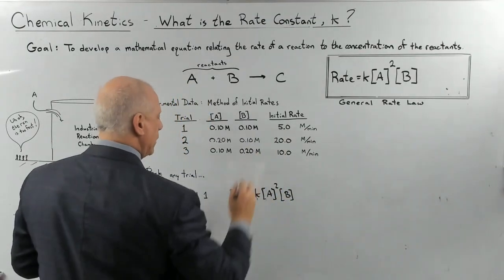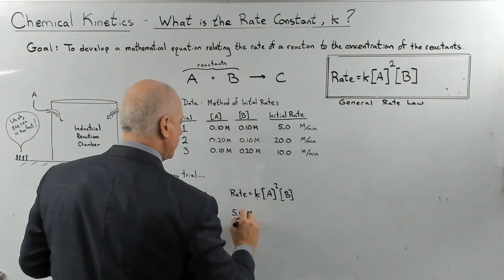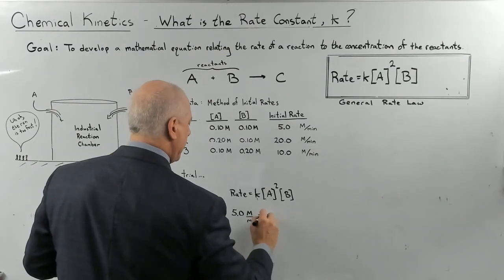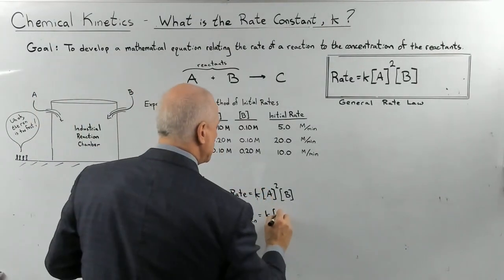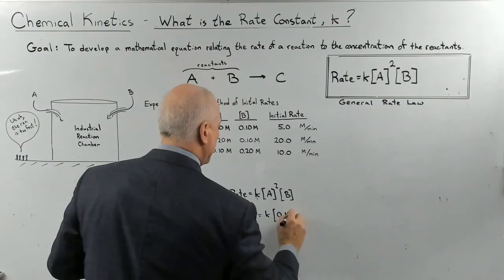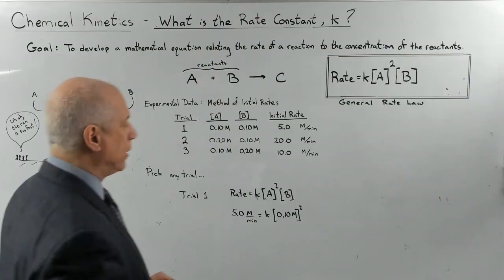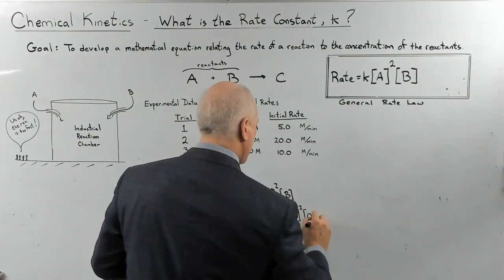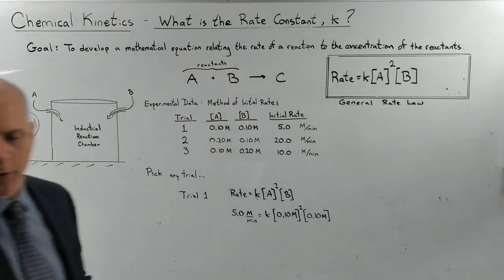The rate is 5.0 molarity per minute, equals K times the concentration of A, which is 0.10 molarity, squared to the second power, times the concentration of B, 0.10 molarity raised to the first power.